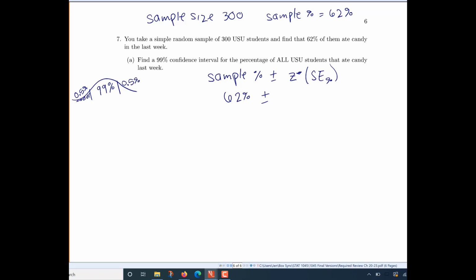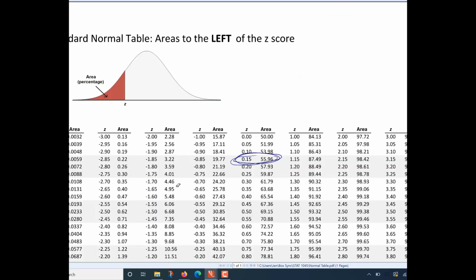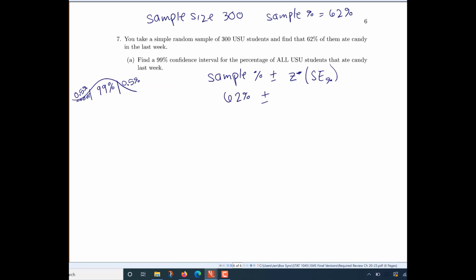Because I just want 0.5% in the tail. Now my normal table gives me areas to the left, so let's look up just 0.5%. So I'm looking in the middle for percentages and I'm looking for 0.5%. Looks like my closest one is probably this negative 2.6. So if this is negative 2.6, this is positive 2.6, and so I'll say z star equals 2.6. So plus or minus 2.6.